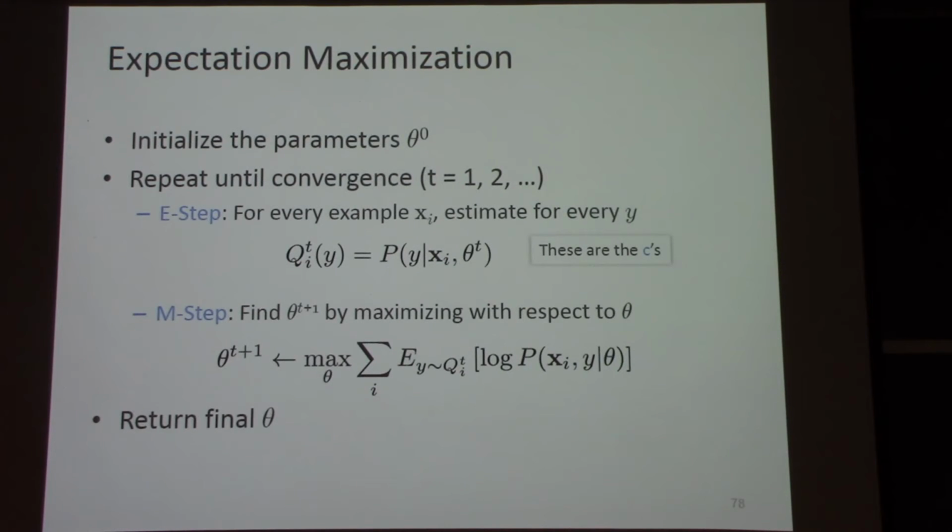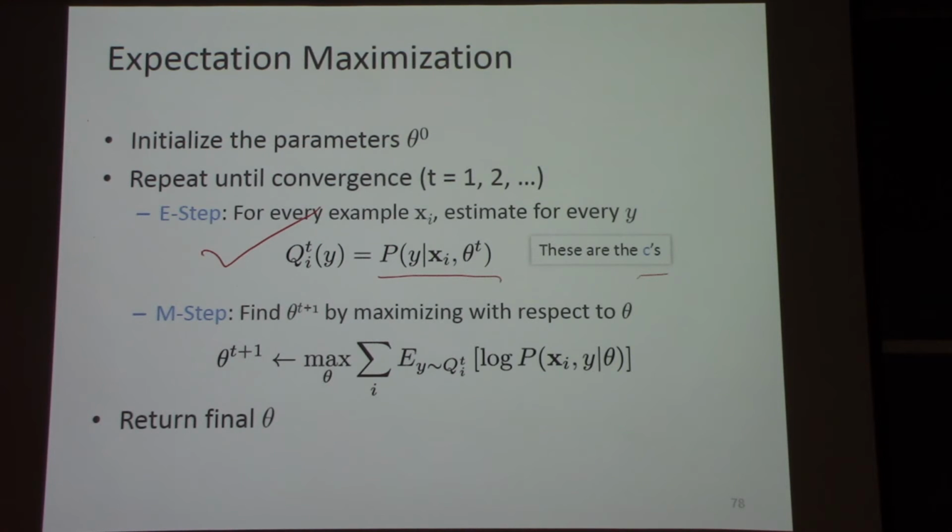Okay, so that takes care of the E-step. Remember that Q that we had in the EM algorithm, the distribution over the labels? It turns out that's exactly P of y given x, and that's by definition what we call C. CIH is simply asking what's the probability that the ith example corresponded to heads as a label.